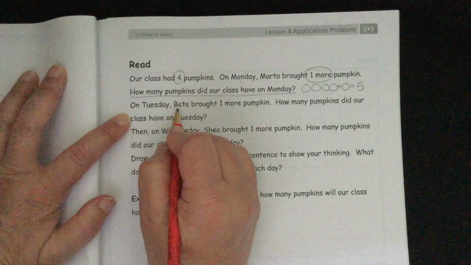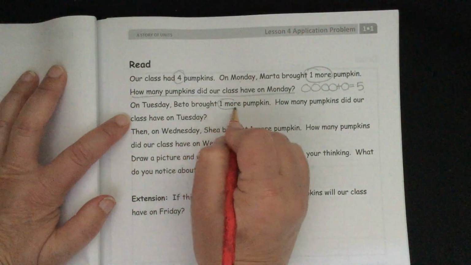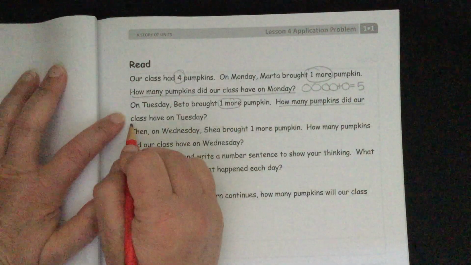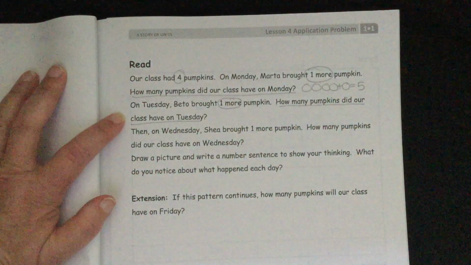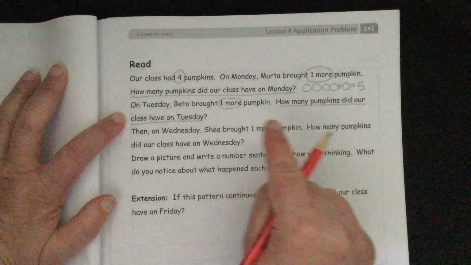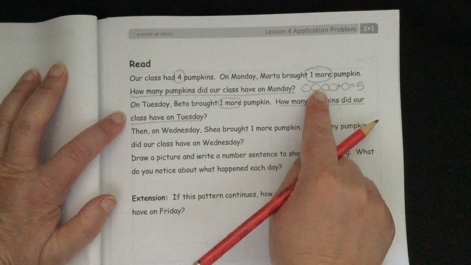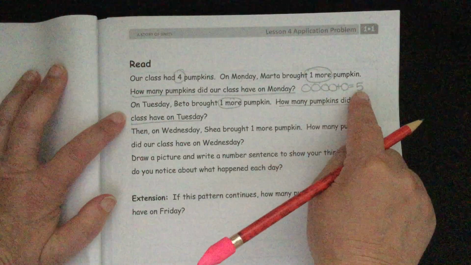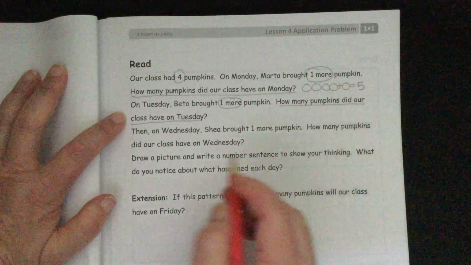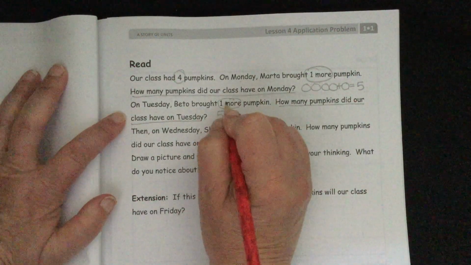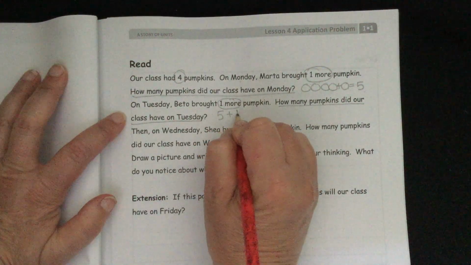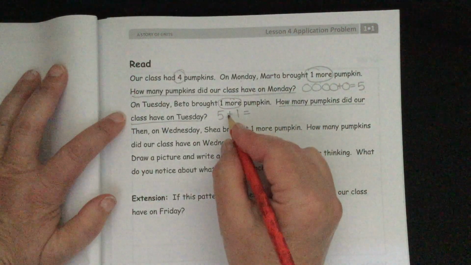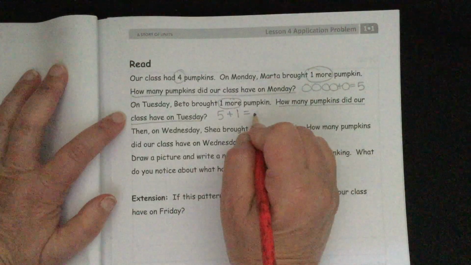So we have 4 plus 1 equals 5. Then on Tuesday, Beto brought 1 more pumpkin. How many pumpkins did our class have on Tuesday? We have to go back to Monday because that's what our class has total. 5 pumpkins from Monday, plus 1 more pumpkin. We have 5, and if we count up, we're at 6.